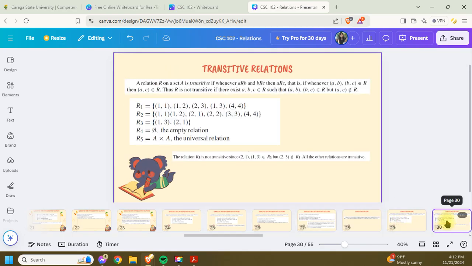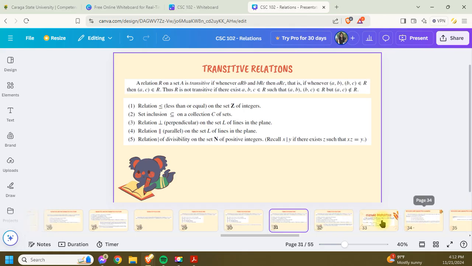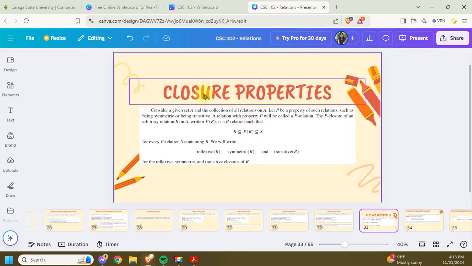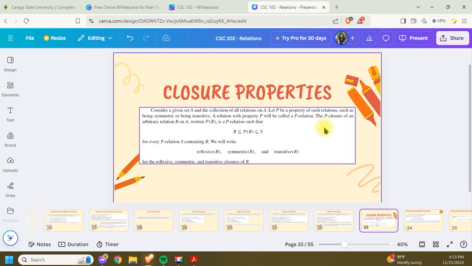Now, let's go to the next topic. I think the closure properties. From the name closure, it doesn't mean that you close something. It's like, how do I say it?